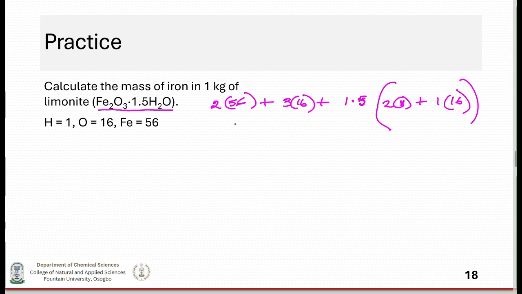So 2 times 56, if you do all this calculation, eventually you will get 187 grams per mole. That is what you're going to get. So that is the molar mass of limonite.